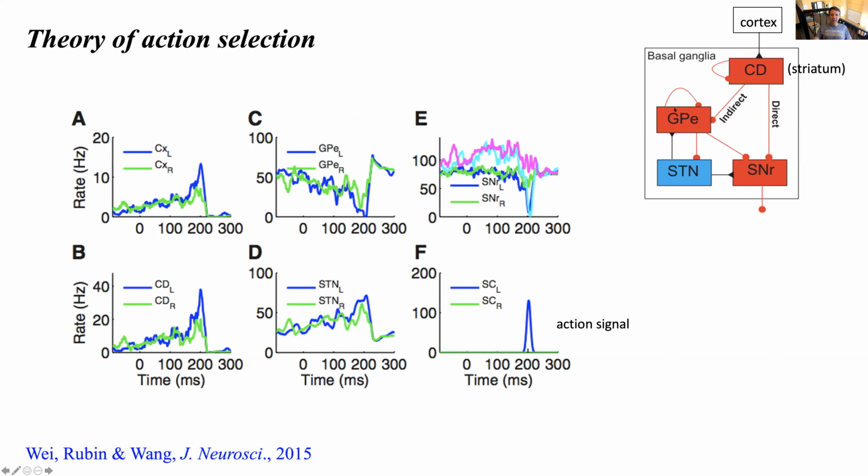But meanwhile, the GPE, which is a source of inhibition to SNR, is ramping down because it's also getting inhibited by the striatal input. That's this pathway here. So we have a loss of inhibition on the one side, a gain of inhibition on the other side. That's this red pathway.